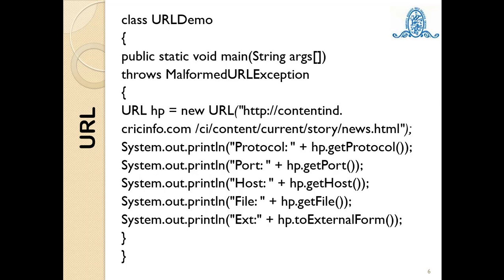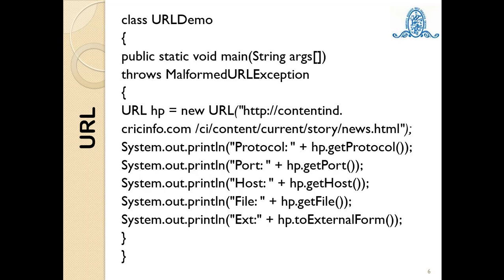Now this example shows how the URL methods are accessed or called. Here first the class is declared. Inside the class, the main method is defined. It throws MalformedURLException. Then a URL object is created as URL hp = new URL, and the URL is given inside double quotes.